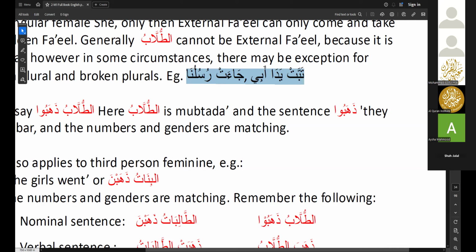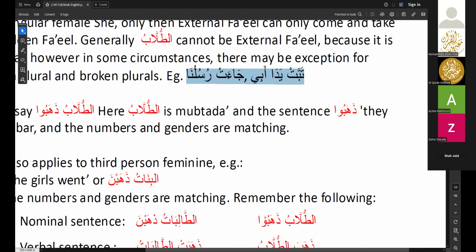The question is, there are 14 conjugations. Each one is a conjugation. The Arabic name is siga. 14 sigas for the damir, the detached pronoun: huwa, huma, hum, hiya, huma, hunna, anta, antuma, antum, anti, ana, nahnu. You memorized it in the last class, okay?